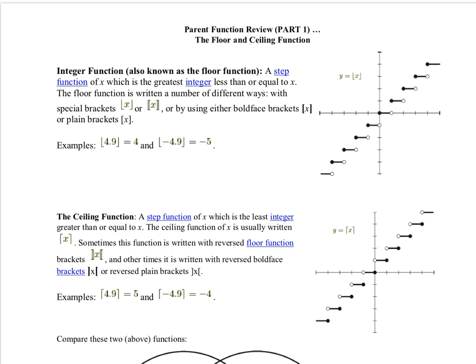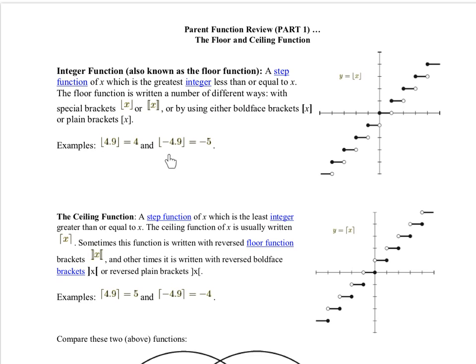Okay, so that's what that means. So we're going to use this floor function to evaluate this number right here, 4.9. So if we have a floor function, then we round down.